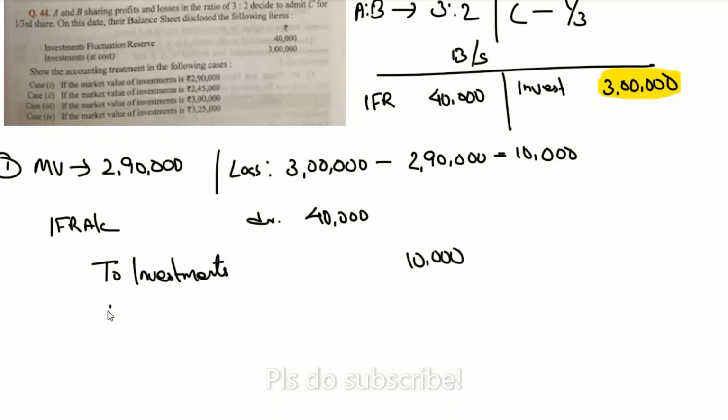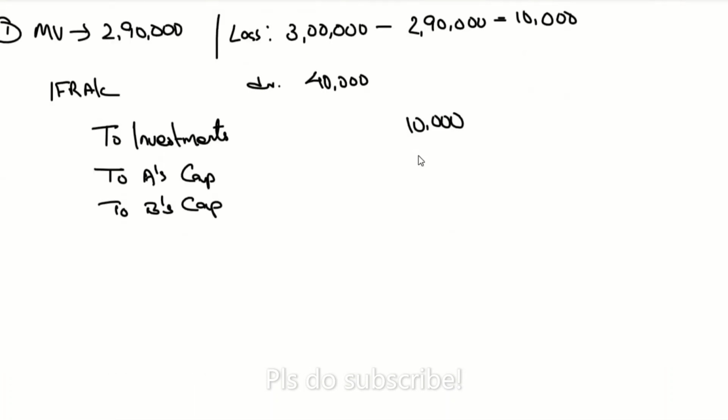Then the remaining amount, that is 40,000 minus 10,000, 30,000 will be distributed to partners' capital, to A's capital, to B's capital, in their original profit sharing ratio, which is 3:2. That is 18,000 and 12,000.